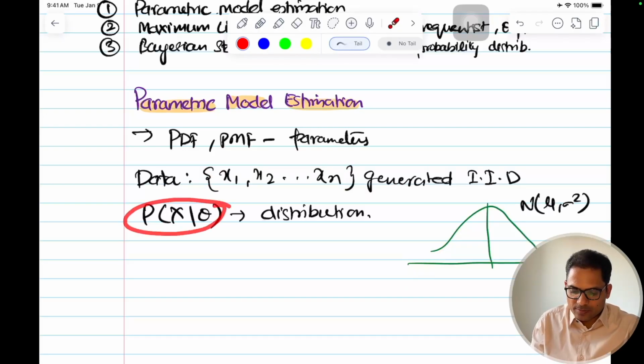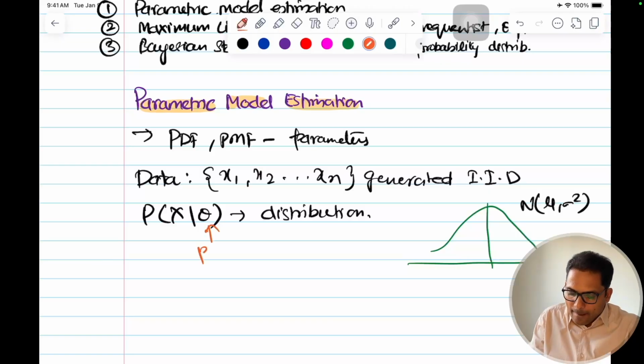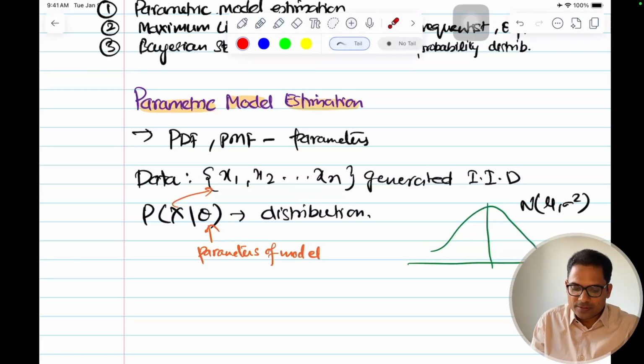This is the distribution: probability of seeing x given theta, where theta is the parameters of the model, and x is the data that we have. Probability of seeing such data, given that we know this is the underlying distribution.